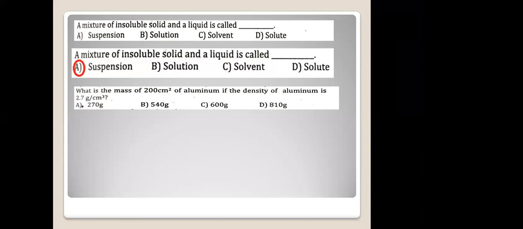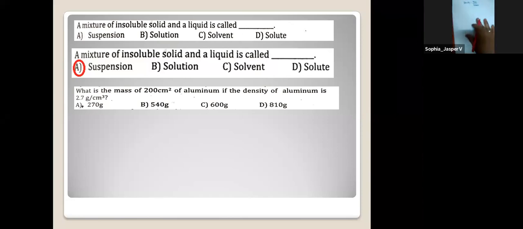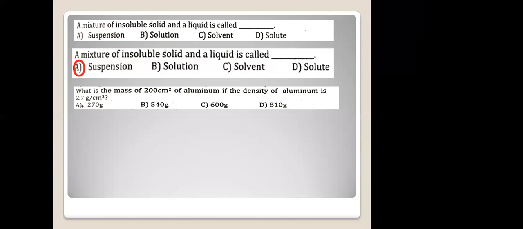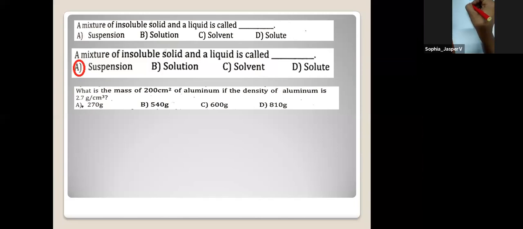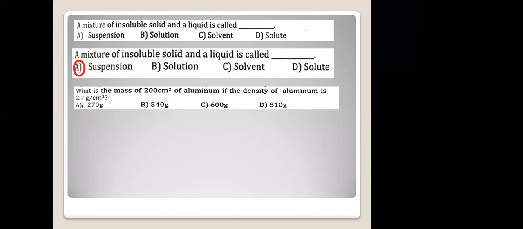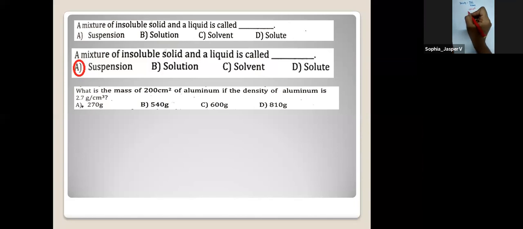Shall we solve it for the benefit of those who have not done it? Let's do it. What are the values that are given? Can someone tell me? Density, and 200 centimeters cube.